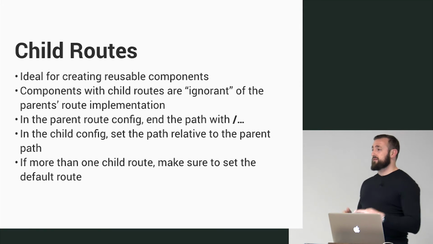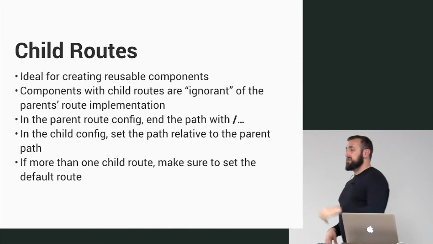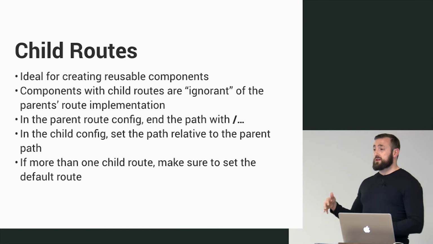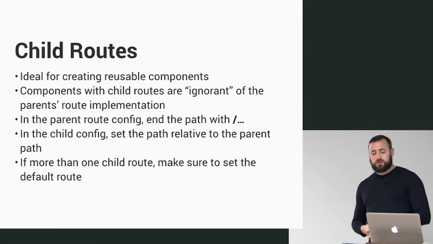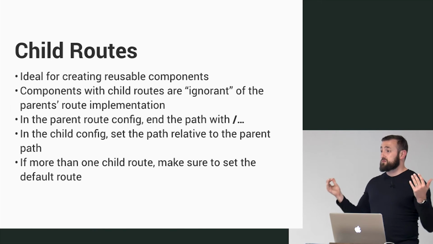If you have a parent route that has a child route, you denote that with a /.... Then you define your routes in the child component relative to the parent component. And if you have more than one child route, make sure to set a default route when you arrive there, or Angular would simply say, I have these three routes, but I don't know which one to go to, error.